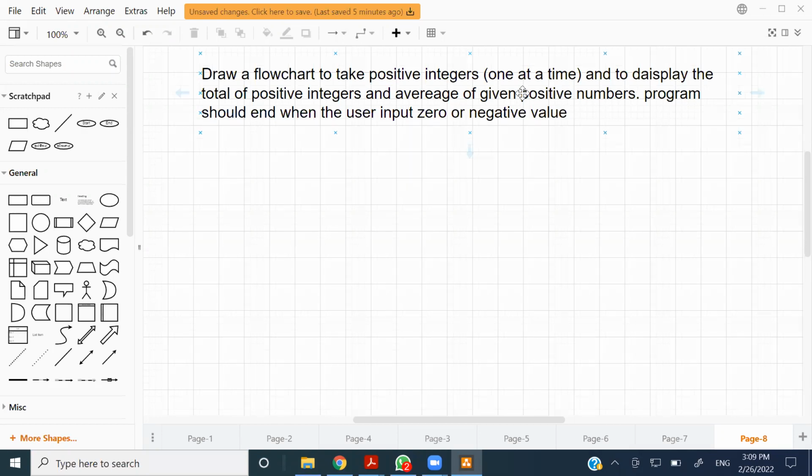If we are given a particular number series, the total will be divided by the number of values that I have given. Keep that in mind and give it a try. Now it's 3:09. I'm going to discuss this starting 3:15, so I'm allowing you 6 minutes. If you are done, just send me the answer.